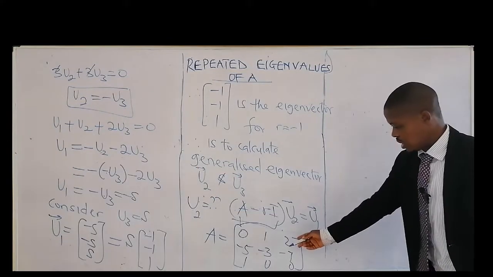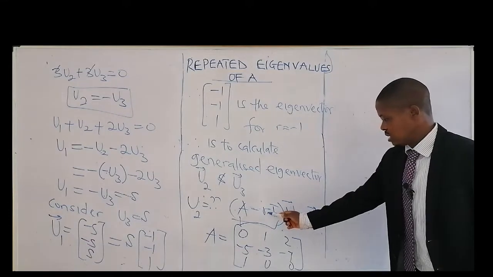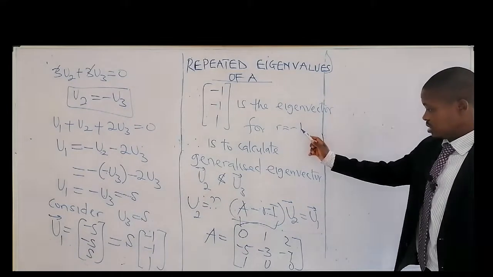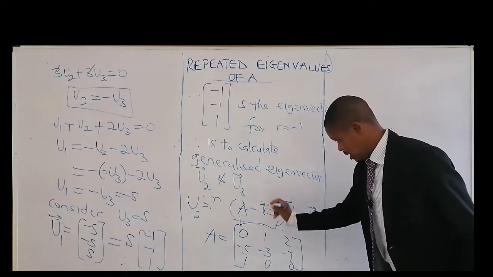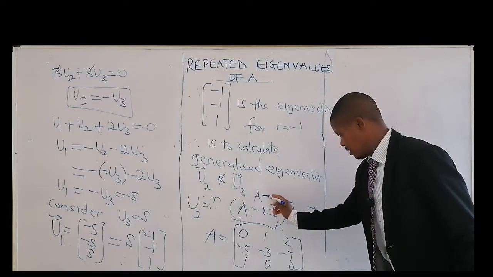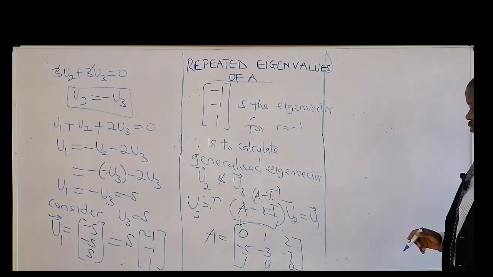So let us go back to our matrix. This is minus 1, and don't forget your r is minus 1. So if you put it here, you have this. So what's happened there?